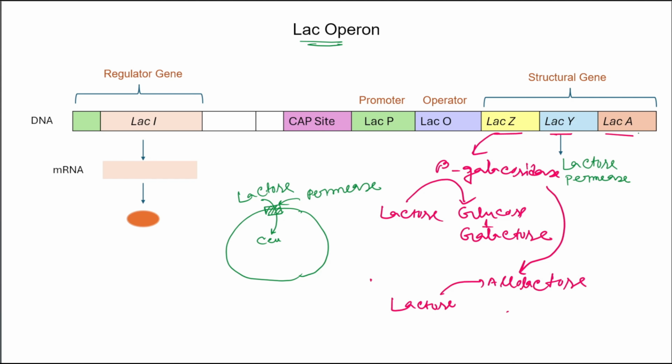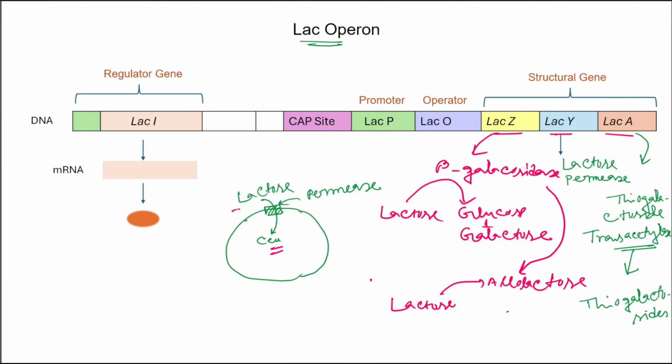And next is the lacA gene, which encodes thiogalactoside transacetylase. This thiogalactoside transacetylase removes toxic thiogalactosides. This is the cell membrane, and the permease protein brings lactose into the cell, but also accidentally brings in toxic thiogalactosides, which are toxic for the E. coli cell.